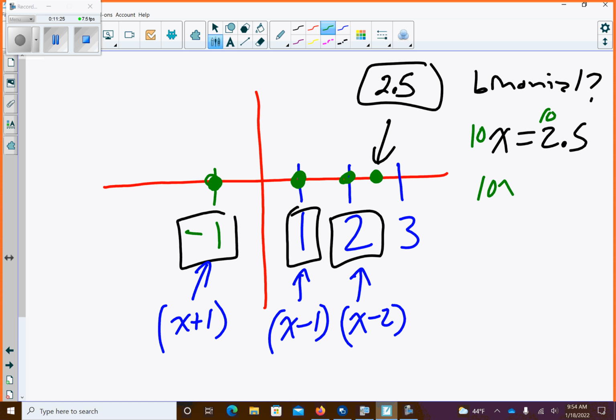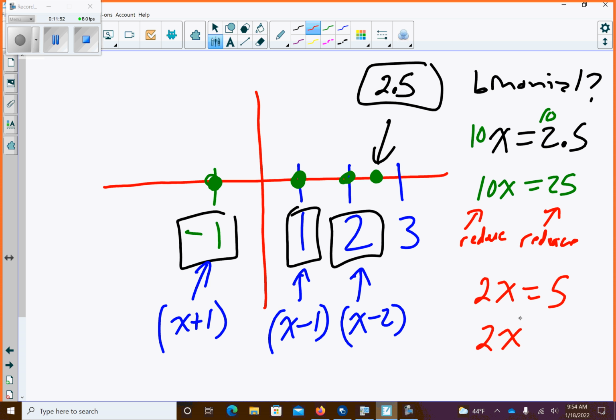So I get 10x equals 25. Agree? Can I reduce both of those by the same number? And if so, what's the number that goes into both of those? 5. So 5 goes into 10 twice. 5 goes into 25 5 times. So what's the binomial that 2.5 yields me? 2x minus 5. That's it.